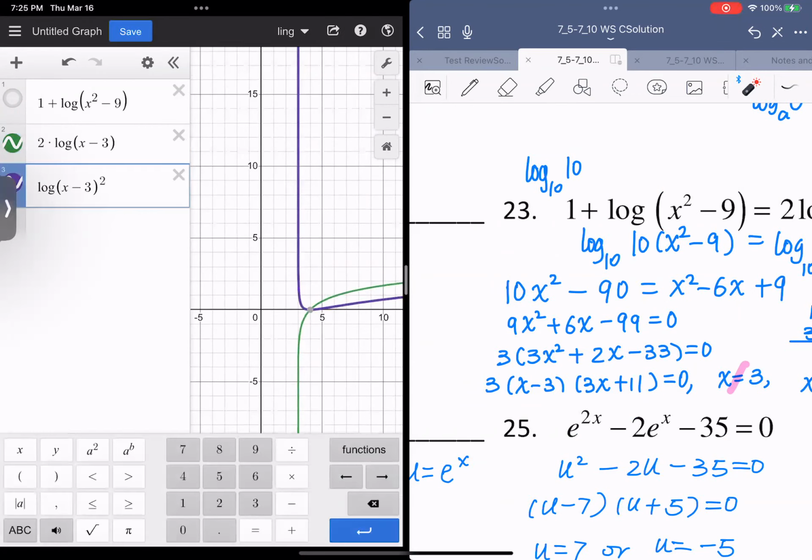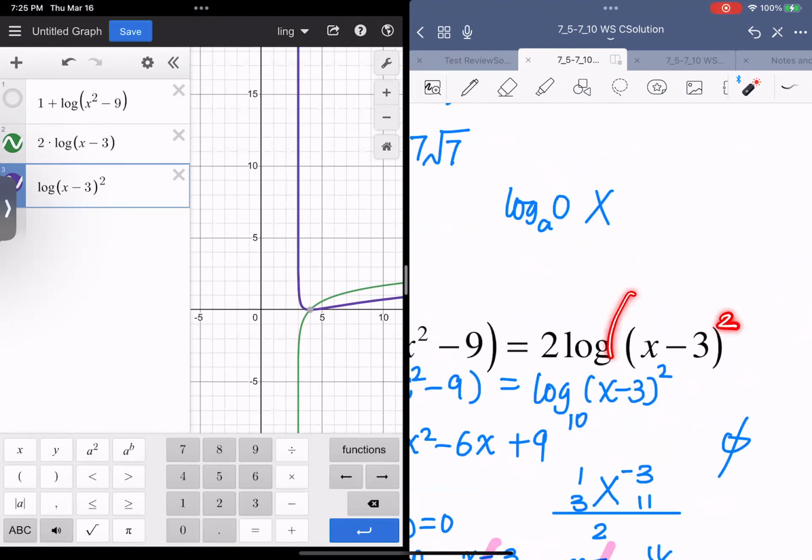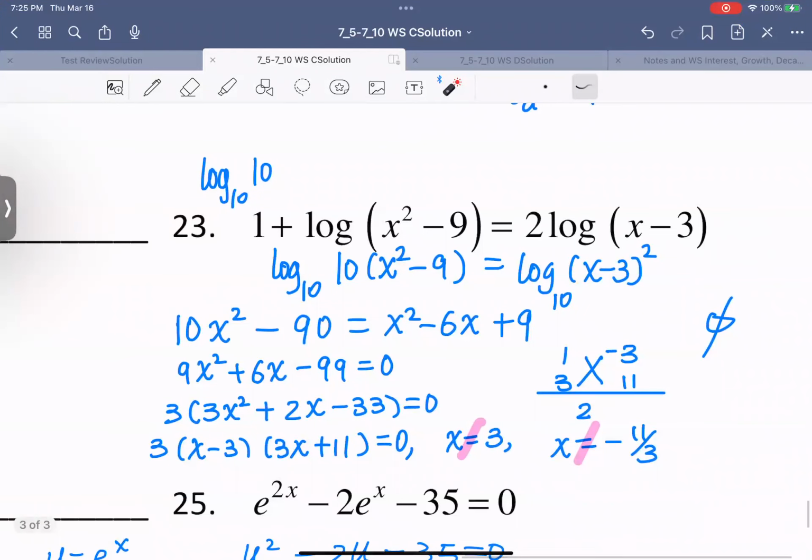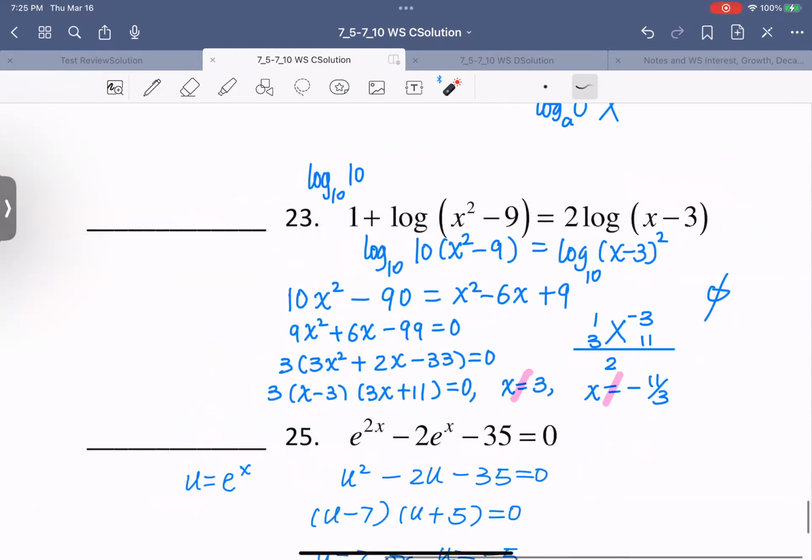If you put the square here, suppose this thing can be positive or negative, after the square it is positive. But if you have the 2 in front, the thing here, x minus 3, has to be positive. Even though you can write it down here to solve it, when you put it into the original one, this thing still has to be positive. Okay.